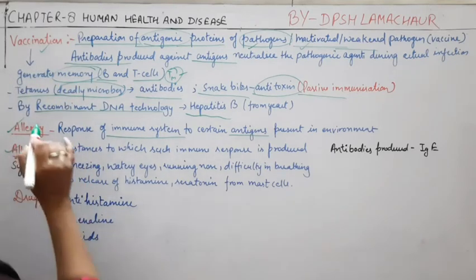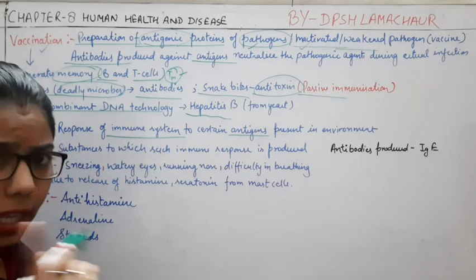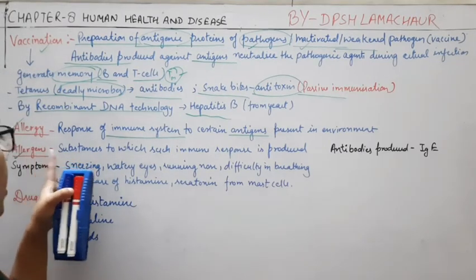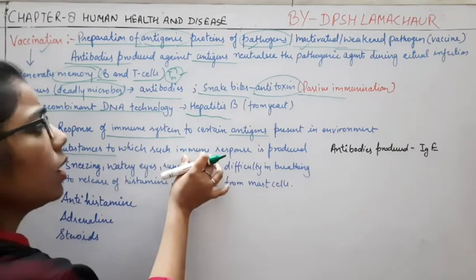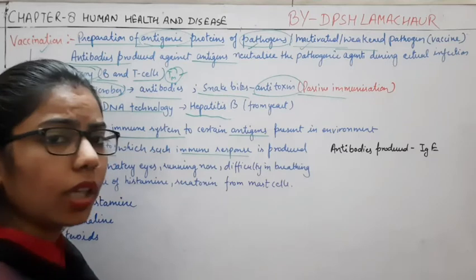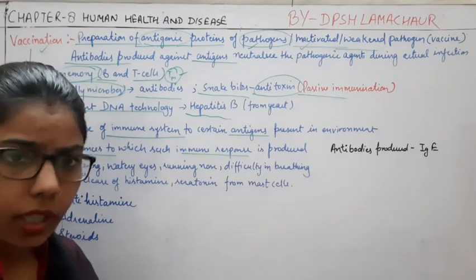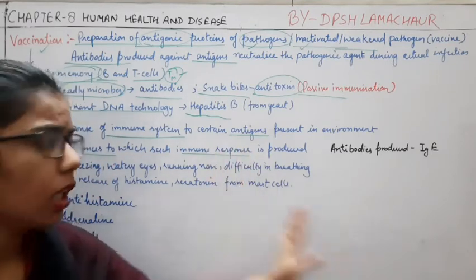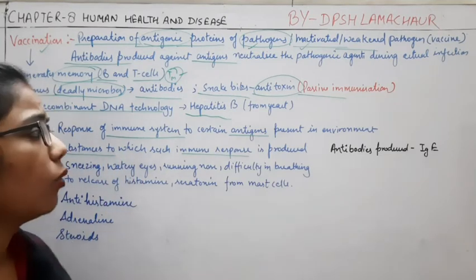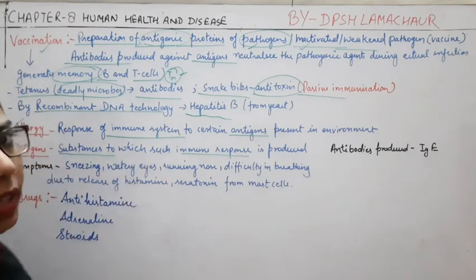Aller means something related to allergy, and they are generating it, right? So the substances which are responsible for the immune response, because our body is responding to that particular antigen, those agents which are activating it, you will call the allergens.